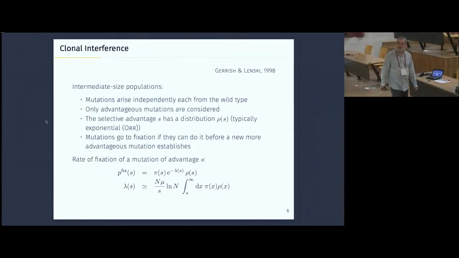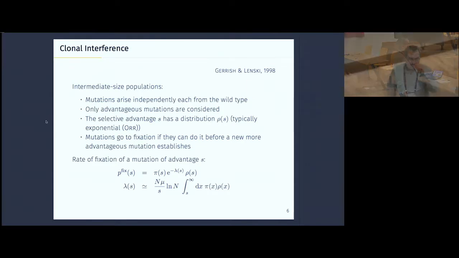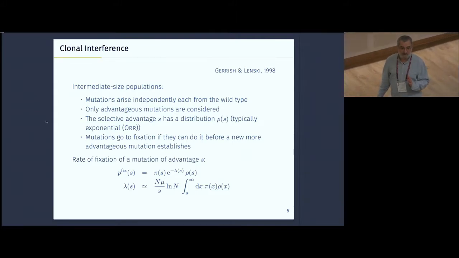Okay. Now we wish to see what happens if we have intermediate size populations in which this effect of clonal interference, that is the simultaneous appearance of different advantageous variants, takes place. So let's assume, as a simplification, that mutations arise independently from the wild type.